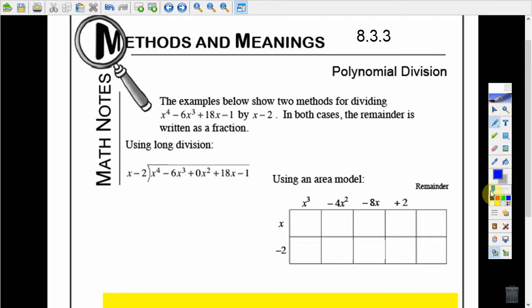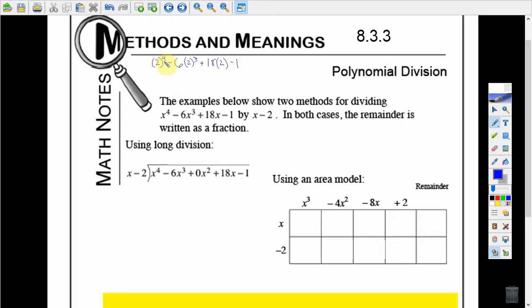So why don't we start with that, just to see whether we're going to end up with a remainder. Our remainder theorem said that we could plug in 2 for x, and that would give us our remainder for this division. So let's try that out.